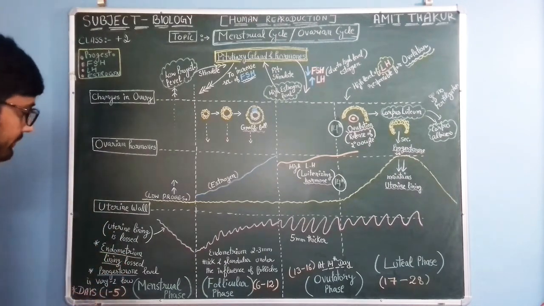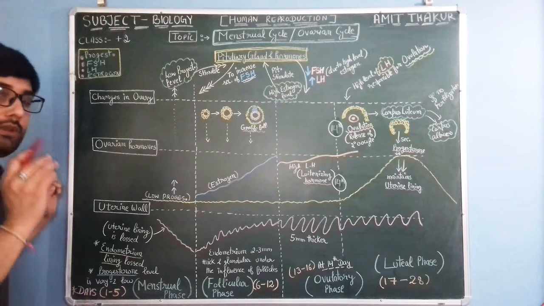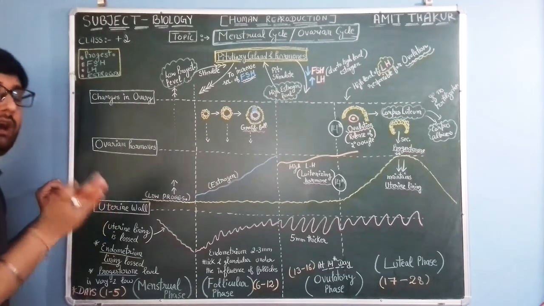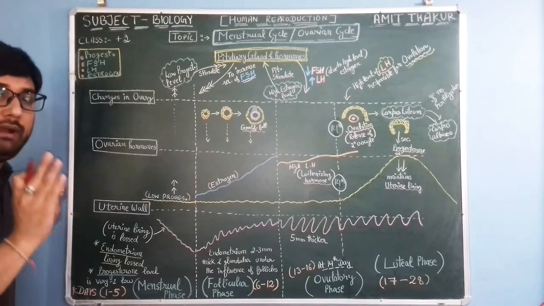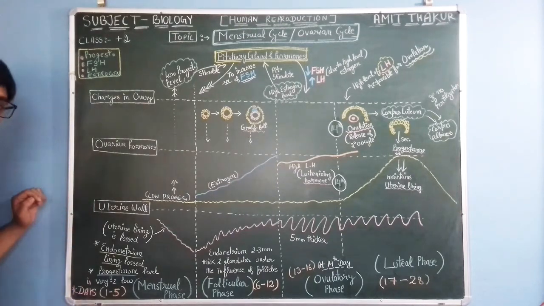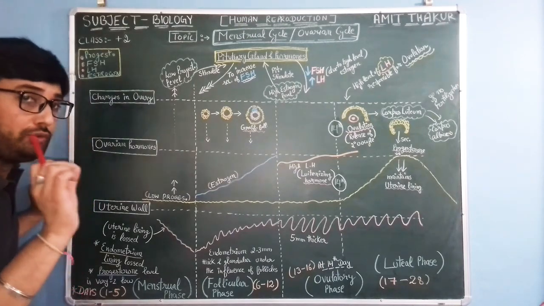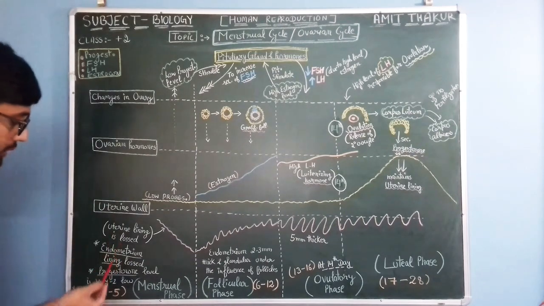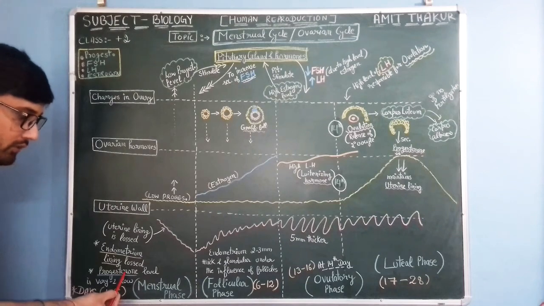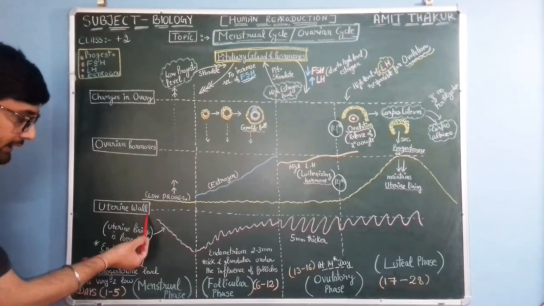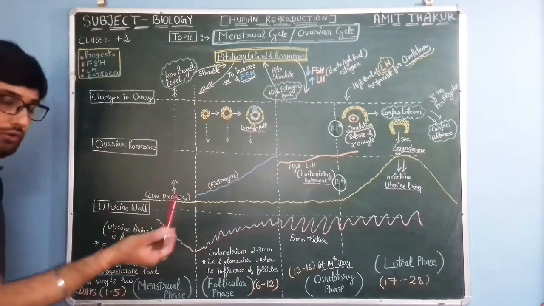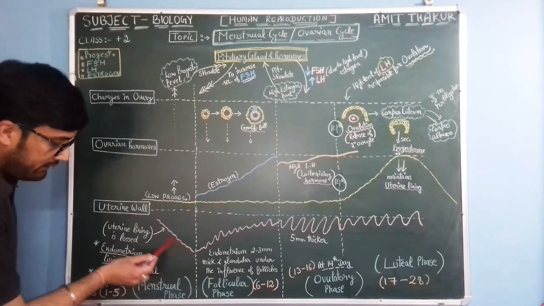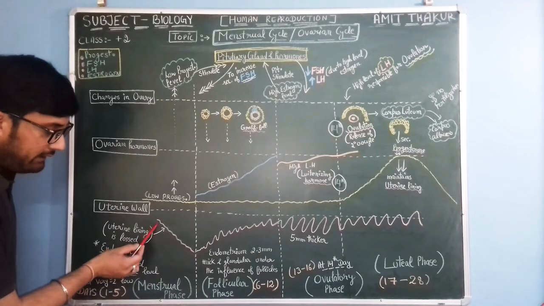What is the reason? Here we find the reason behind vaginal bleeding and the loss of the endometrium lining. The main reason is the fluctuation in hormonal activity, and the hormone is progesterone. Here you can see this is the uterine wall, and here you can see the loss of uterine lining.